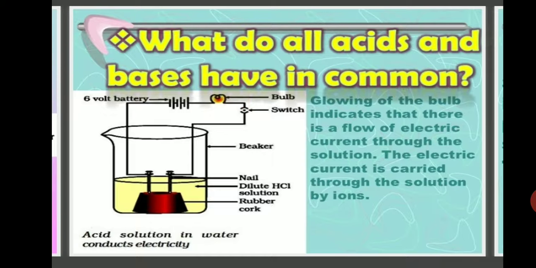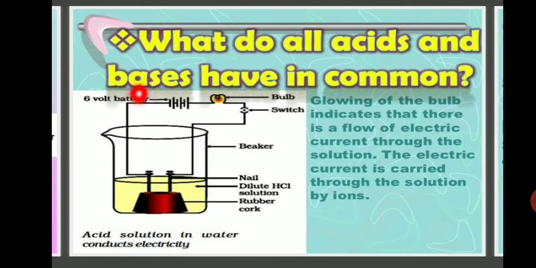So what is taking place in this beaker? We added a dilute solution of HCl. Current will also pass if the beaker contains any other dilute acid, such as sulfuric acid or any other acids.